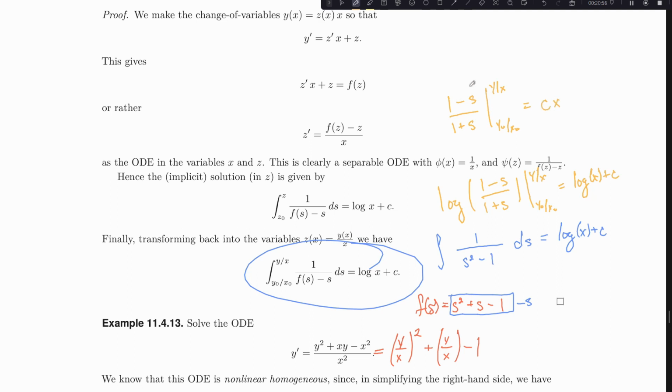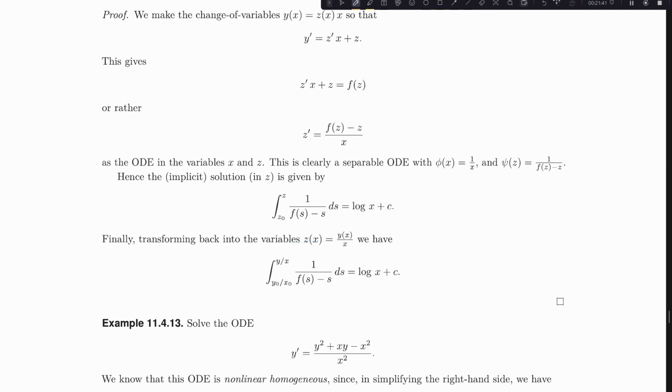And plugging in y over x to the left-hand side, I'll end up with 1 minus y over x over 1 plus y over x, and then the initial conditions, 1 minus y naught over x naught over 1 plus y naught over x naught equals cx. So this is actually my implicit solution to the nonlinear homogeneous ODE, and ideally I could solve that solution for y all by itself.